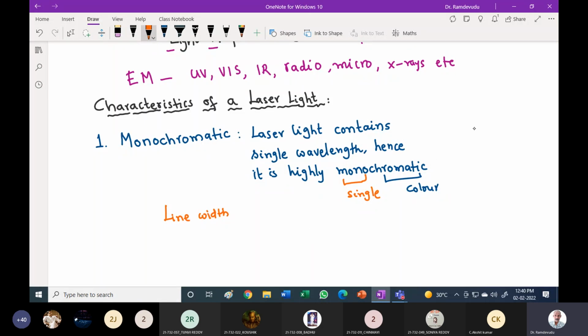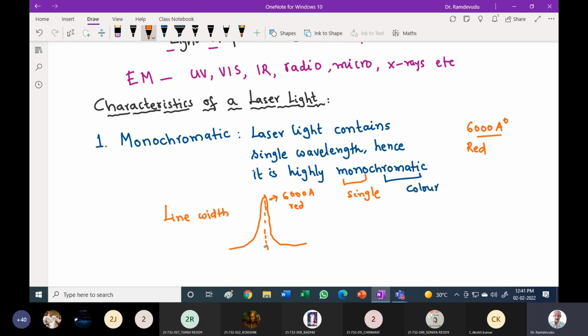Suppose I am taking a red laser of 6000 Armstrong. This light will have a peak, go up to a maximum and fall like this. This peak corresponds to red color, 6000 for red.